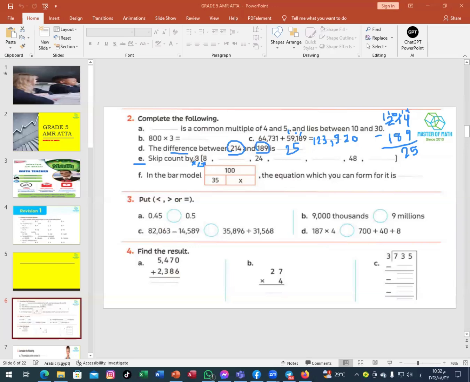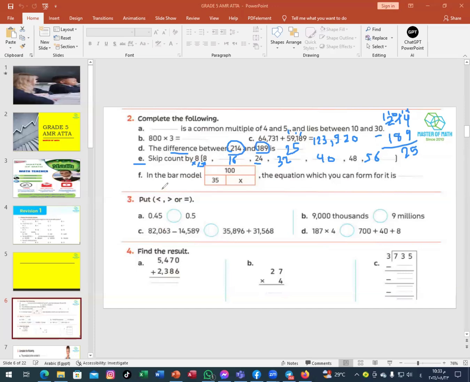After that, I multiply 8 by 2. 2 times 8 equals 16. 3 times 8 equals 24. 4 times 8 equals 32. 5 times 8 equals 40. 6 times 8 equals 48. 7 times 8 equals 56. Okay.